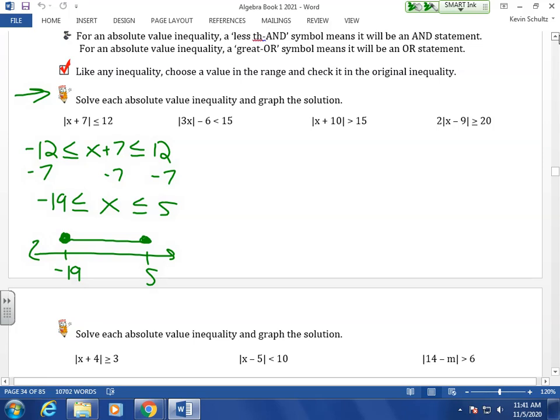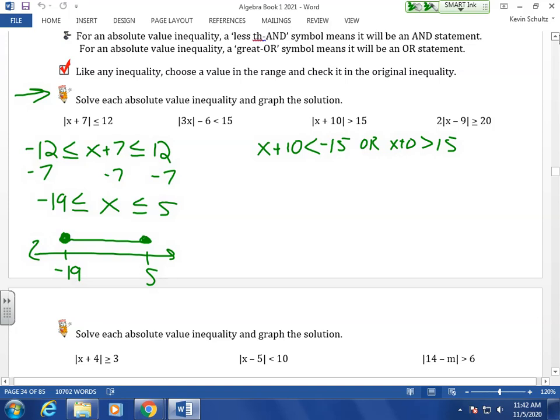It's an or statement, and we know that because it's the greater symbol. And what this means is that x plus 10 is less than negative 15, because it's got to be further than negative 15, right? More than 15 away from 0. Or x plus 10 is greater than positive 15.